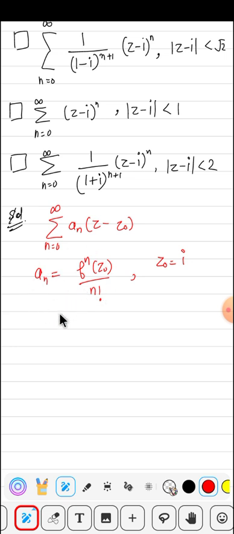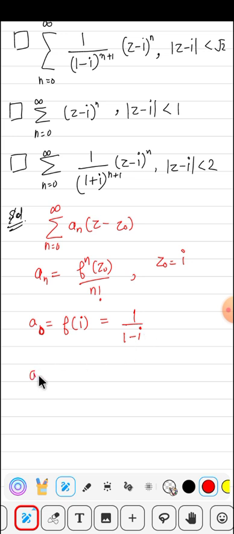So let us first find a n. a naught is equal to f of iota. So what I get is 1 upon 1 minus iota. Simple.